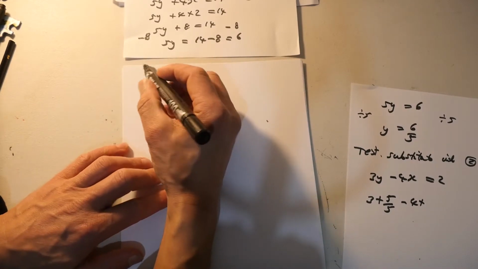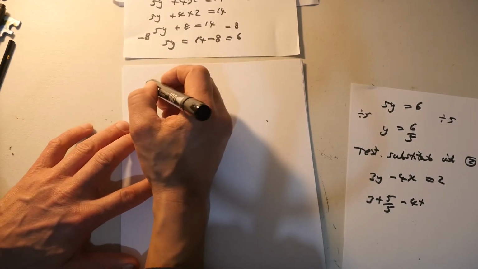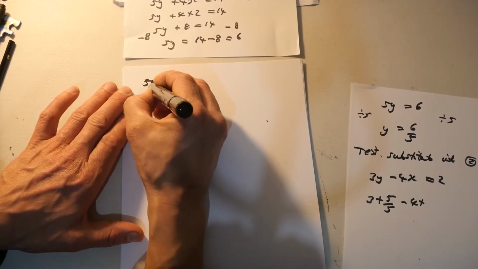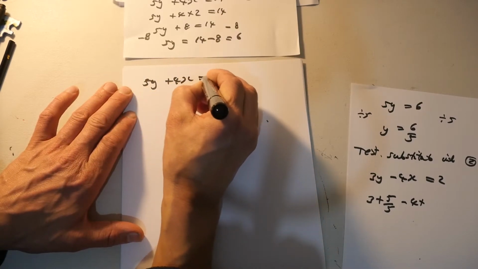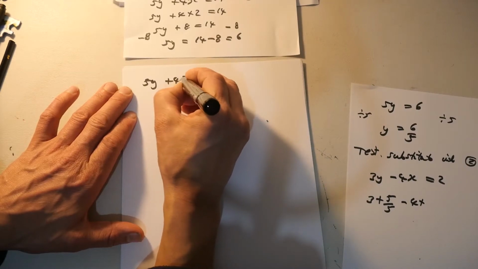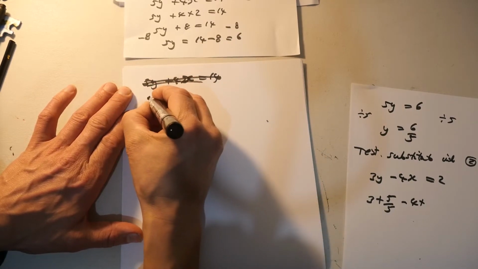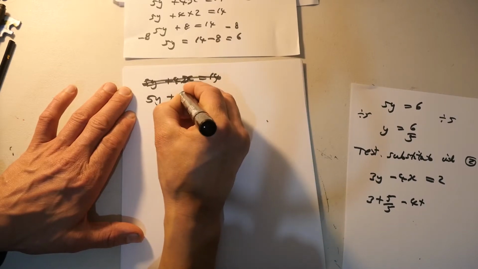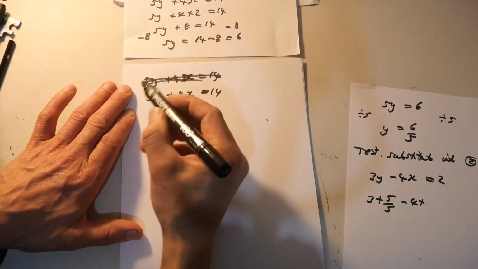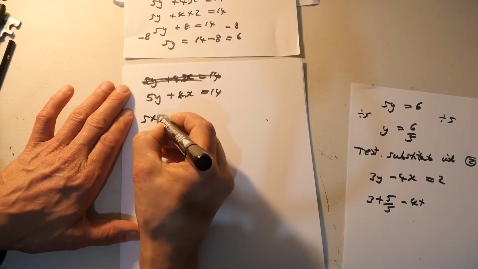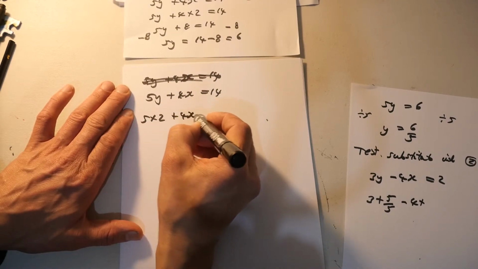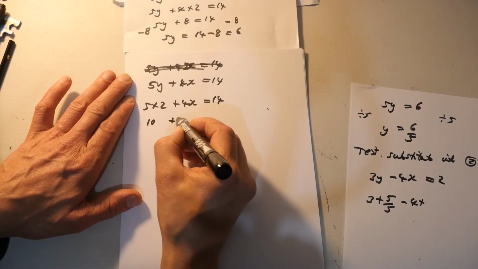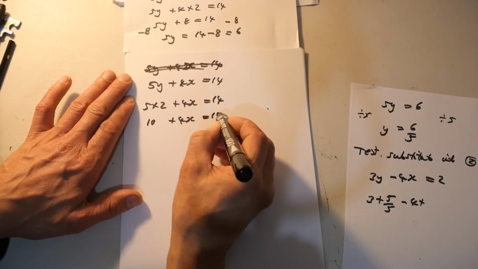All mathematicians, I said in my previous video, all mathematicians make errors. It's being able to fix them that's important. So 5y plus 4x equals 14. Okay, so when y equals 2, 5 times 2 plus 4x equals 14. 10 plus 4x equals 14.